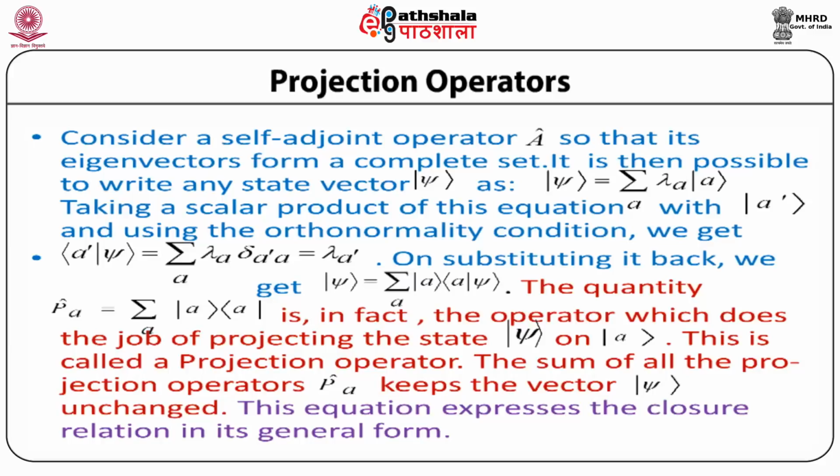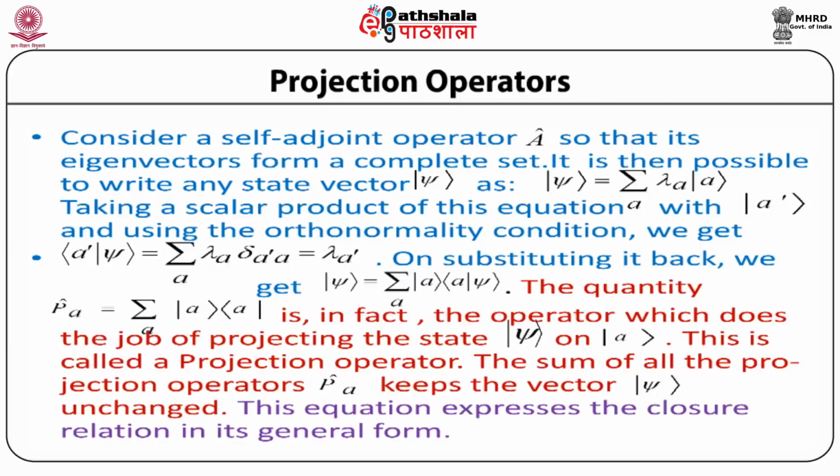Now, taking a scalar product of this equation with the ket |A'⟩ and using the orthogonality condition discussed earlier, we get ⟨A'|ψ⟩ = Σ_A λ_A δ_A'A, which is equal to λ_A'.